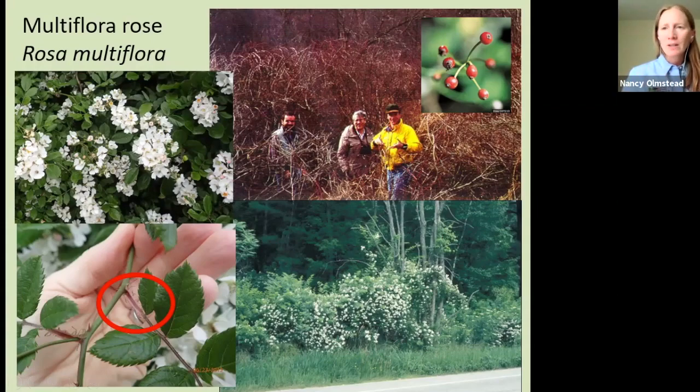So if you're trying to determine is something multiflora rose, look for the fringed base of the leaf stem. And if it has that sort of comb-like little fringe, that's multiflora rose. We don't have any other roses in Maine that have that character. The fruits are very small, about 1/3 of an inch or so, and clustered at the tips of the twigs.